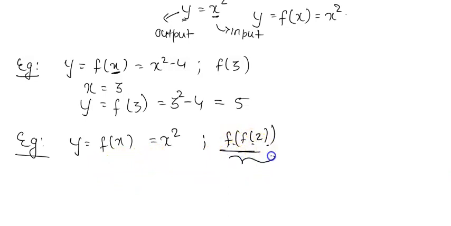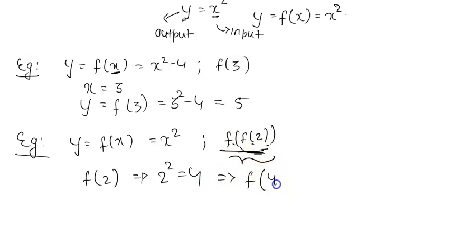So for this, first we need to find f of 2. f of 2 is nothing but x is equal to 2, so this will be 2 square. This is 4. Now we have got this, so we can write this as f of 4. Now this can easily be found by substituting x is equal to 4, and we get f of 4 as 4 square, that is 16.